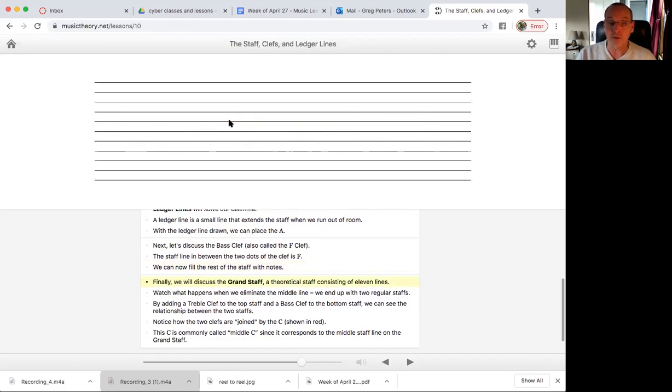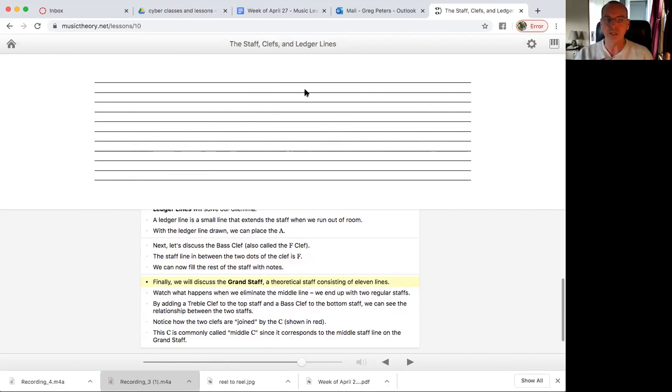So musictheory.net does a great job of showing you what a grand staff is. So if we connected the bass clef to a treble clef, we would end up with all of these lines. That's too many lines to track in our mind. If we had notes on all of these lines, that would be crazy.